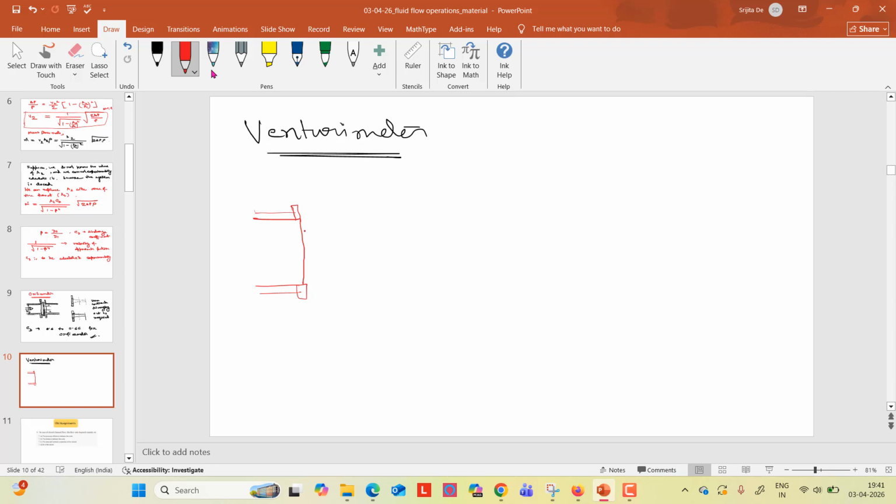Now there is another portion. It will be diverging out like this. Straight, it is converging, going straight, and from here it is diverging out like this. Okay.